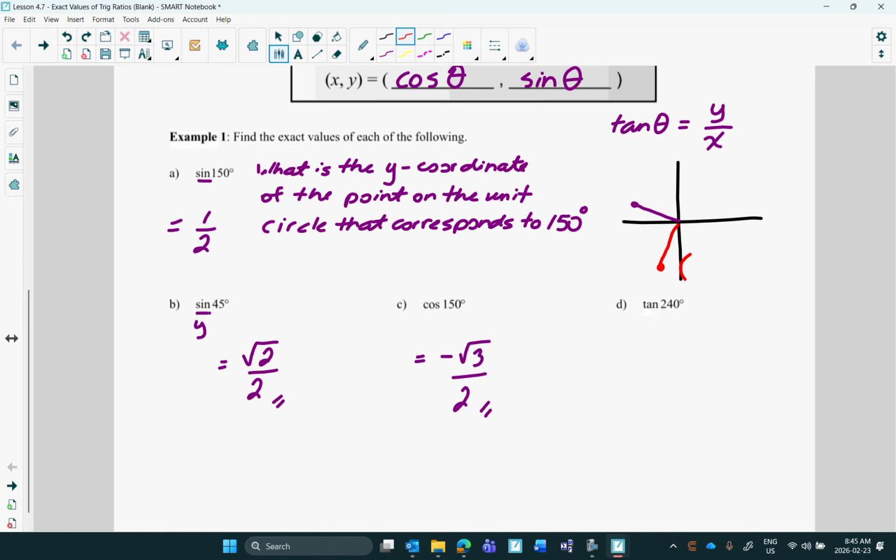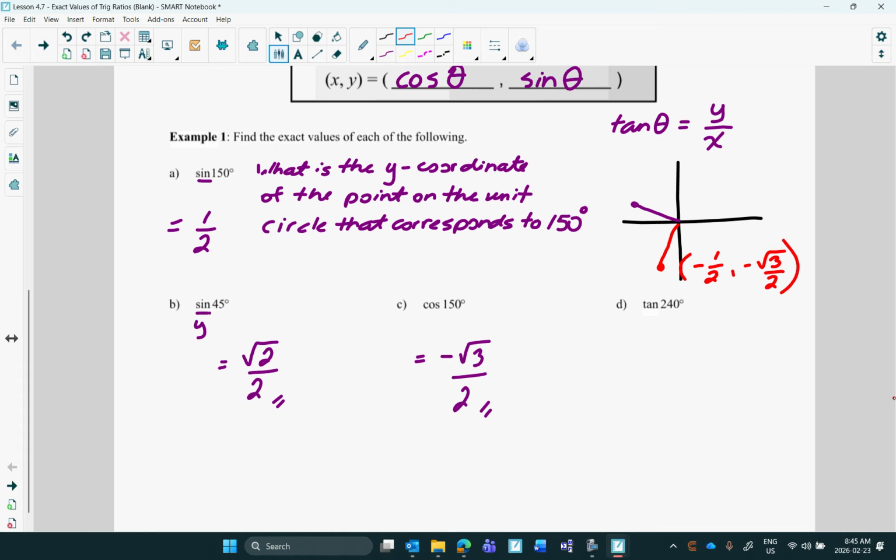Look at your unit circle now. 240 degrees.